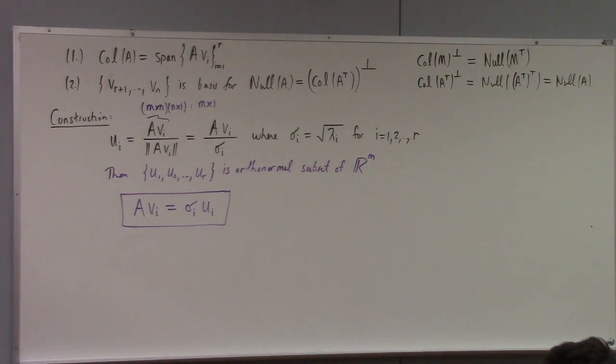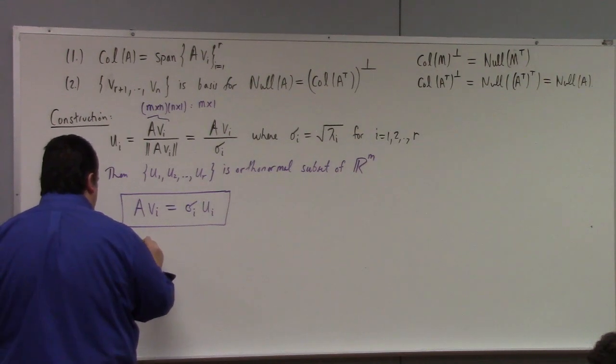Okay. What can we do if we have a subset of R^m? So two things could happen, right? Either r is equal to m. If r is equal to m, it's already an orthonormal basis for R^m, right?